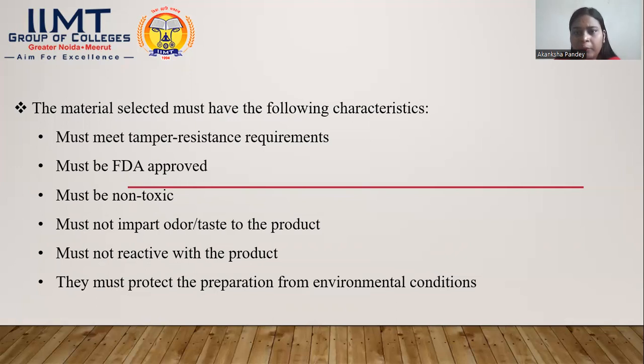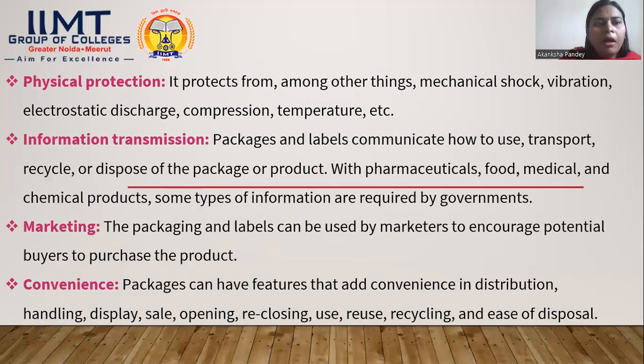It should also protect the products from the environment as well as the transportation conditions or changes. While we are transporting things, the climates also change. While we import and export things, the packaging material should be such that it doesn't affect the products we have packed inside.